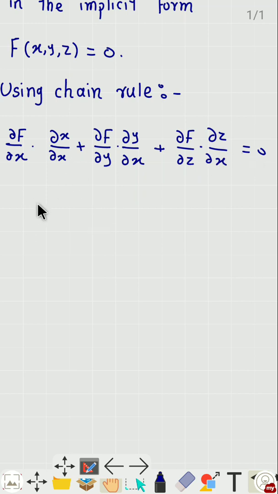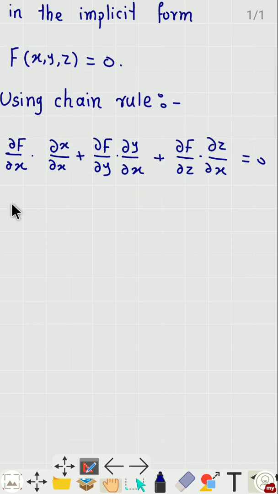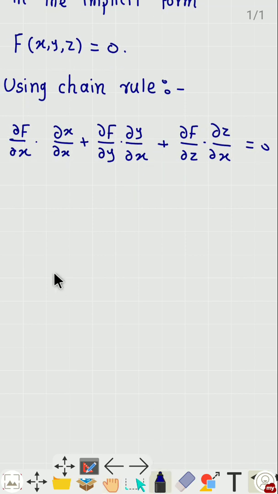But we know that dou x by dou x has value 1 and dou y by dou x has value 0.